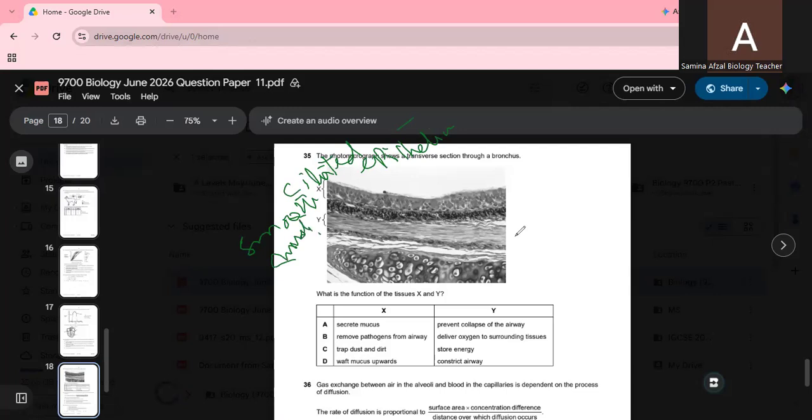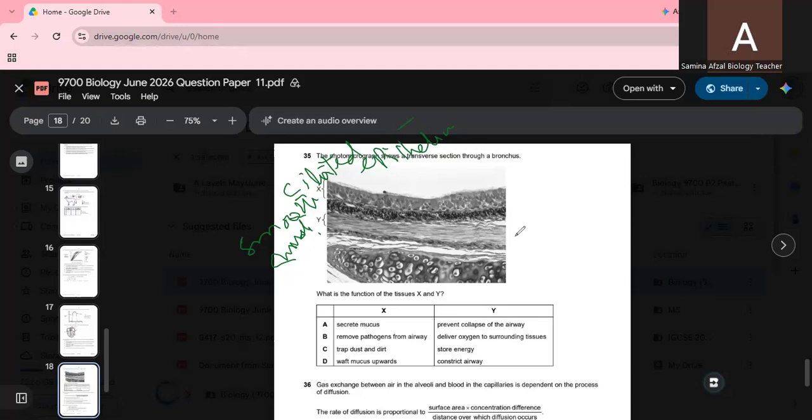Connective tissue layer. So in this specific question, you can see the bronchus section, X is ciliated and whose function is to waft mucus, and Y is smooth muscle which constricts the airways to regulate airflow.